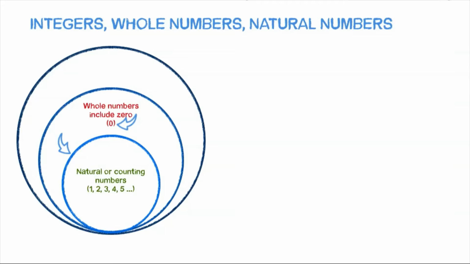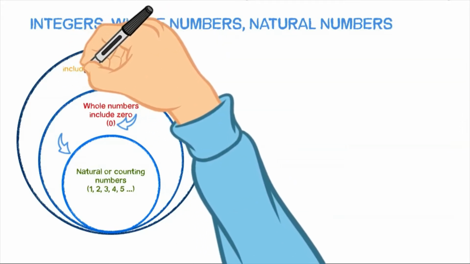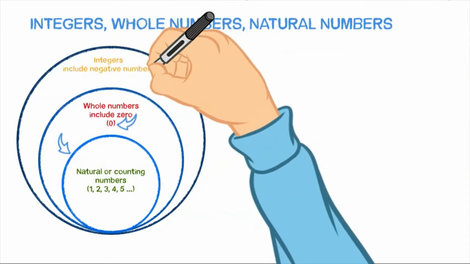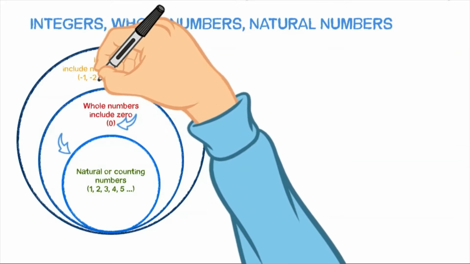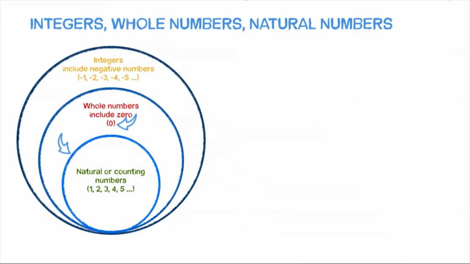You can also see that 0 is outside the smallest circle. This means that 0 is not a natural or counting number. The biggest and outermost circle represents the set of integers. Again, looking at the diagram, the two smaller circles and the set of negative numbers, -1, -2, -3, -4, -5, and so on, are within this biggest circle.